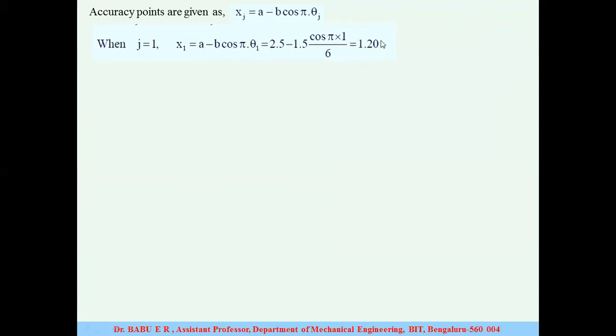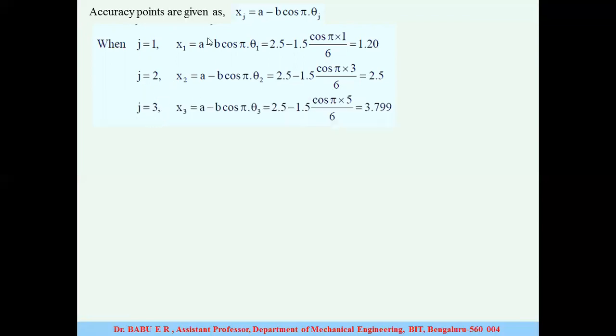So we get 1.20. Similarly, when j equals 2, theta 2 is 3 by 6 and the rest remains the same, so we get x2 as 2.5. Similarly, substituting j as 3, we get x3 as 3.799.